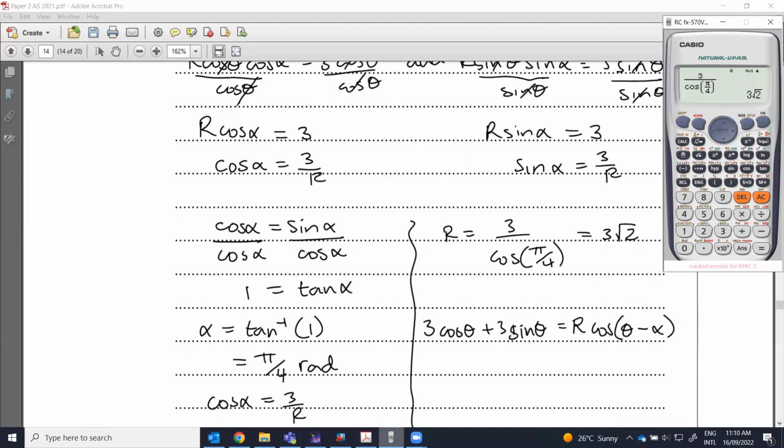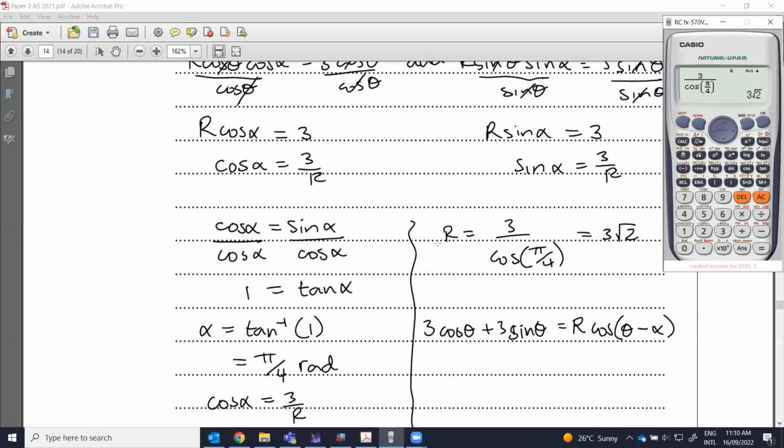Let me just make sure that everything is in fact correct. Okay, so we say that r cos alpha is equal to 3. This means r is equal to 3 over cos alpha.